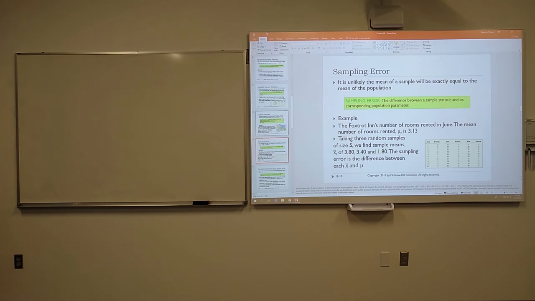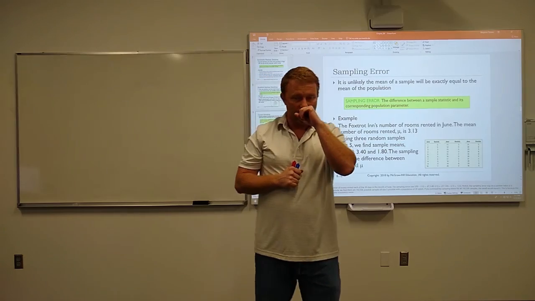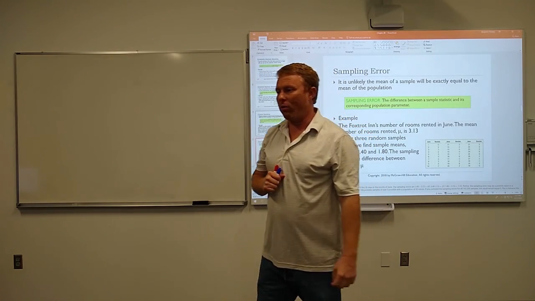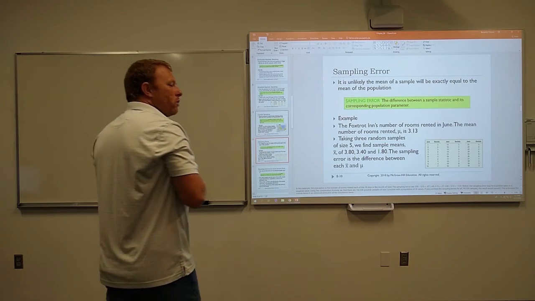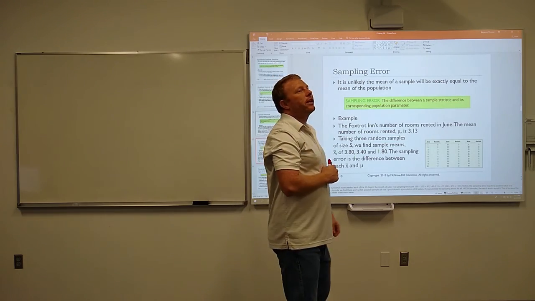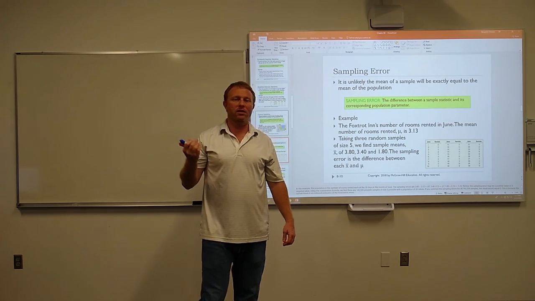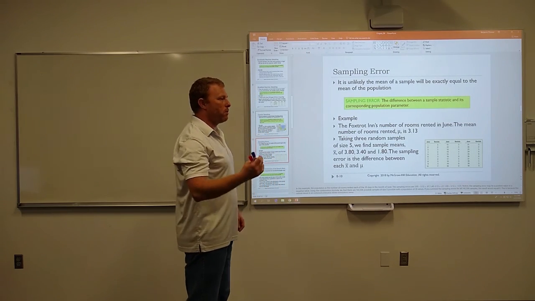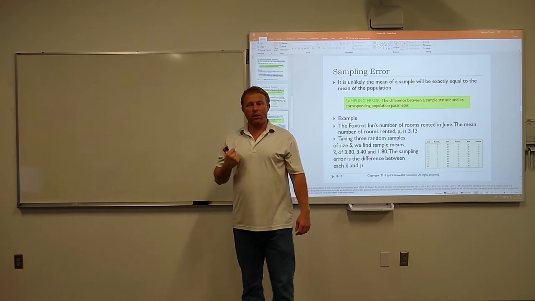Now, the sampling error, what are we talking about? So, we're going to have a couple terms in here that both involve error. Okay? And by error, what I'm talking about is the difference between a parameter and a statistic. So, remember what those are. Your parameters are your characteristics of the population. Your statistics are characteristics of the sample that you pulled from the population. Okay? So your parameters are always going to be the real deal, aren't they?